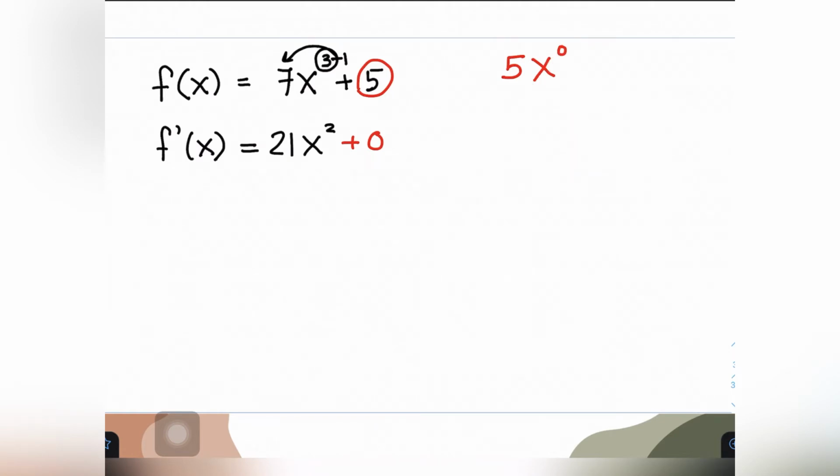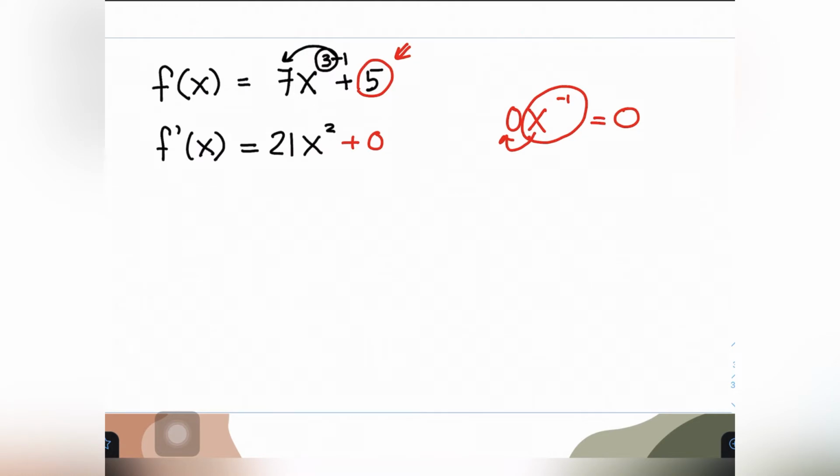So when you do a process of differentiation, you multiply 0 with 5, you will get 0x to the power of negative 1. And anything multiplied by 0, the answer will be equal to 0. This is the reason why the derivative of a constant is equal to 0.